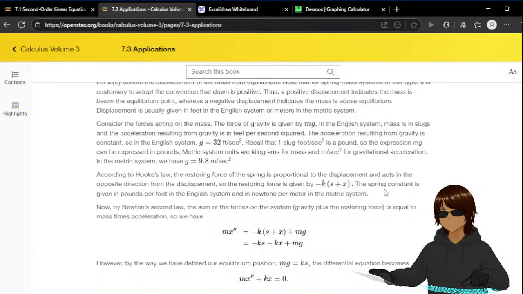The spring constant is given in pounds per foot in the English system and in newtons per meter in the metric system. Now, by Newton's second law, the sum of the forces on the system is equal to mass times acceleration. So we have mass times acceleration is minus k(s + x) plus mg.